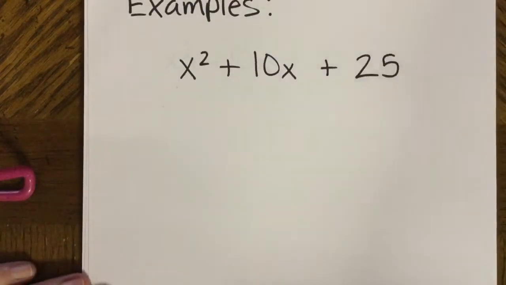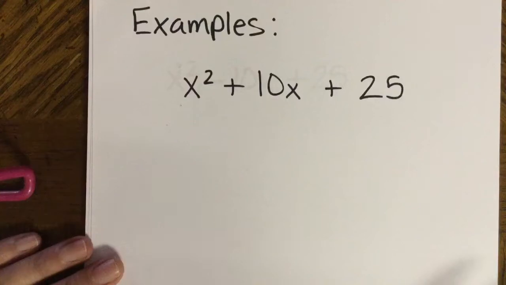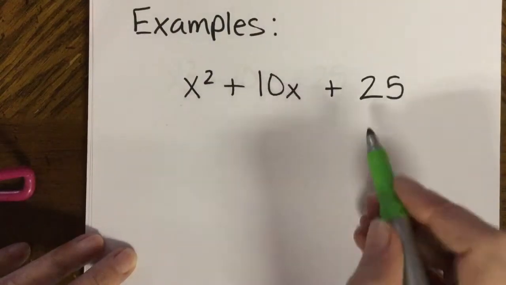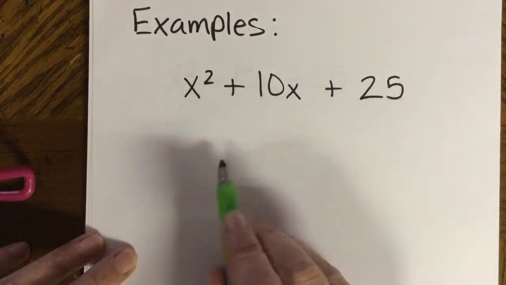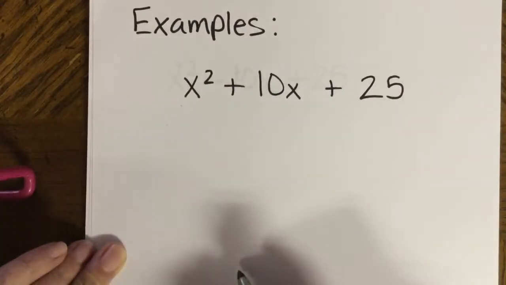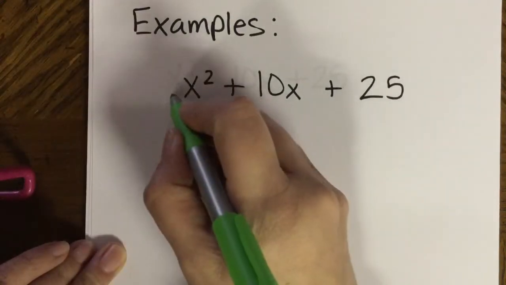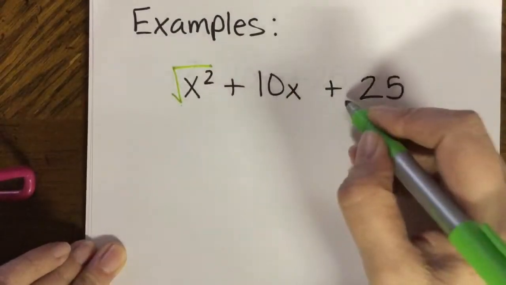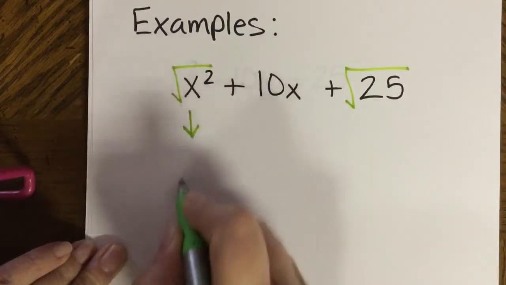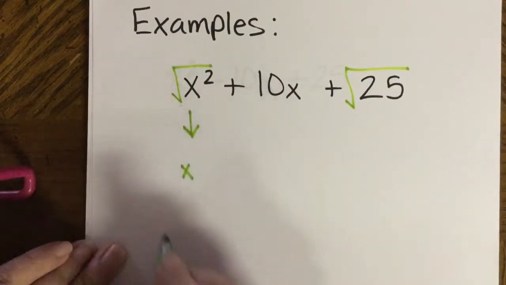Okay, so let's take a look at this first example, x squared plus 10x plus 25. Hopefully you can recognize that this follows the perfect square trinomial pattern. However, if you don't, a hint would be to take the square root of the first term and the square root of the last term. If the first term is a perfect square, the square root of x squared is, of course, x.